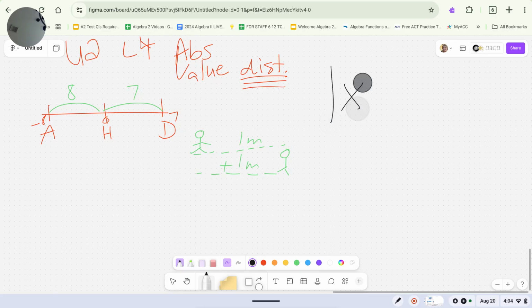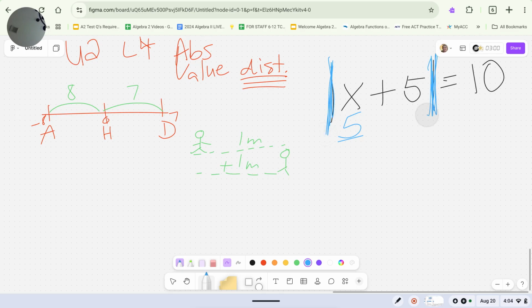So I'm going to do an easy one this time because I kept doing the wrong number, which is funny, not funny. The absolute value of x plus 5 equals 10. What number plus 5 equals 10? Well, I know that 5 plus 5 equals 10. But since this is absolute value, no matter what my answer is, it's going to come out positive.